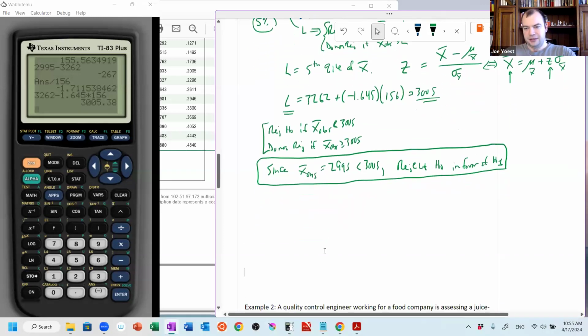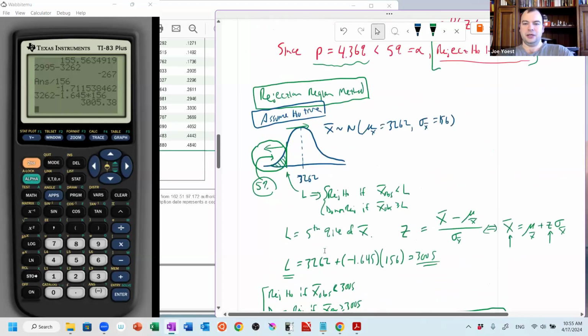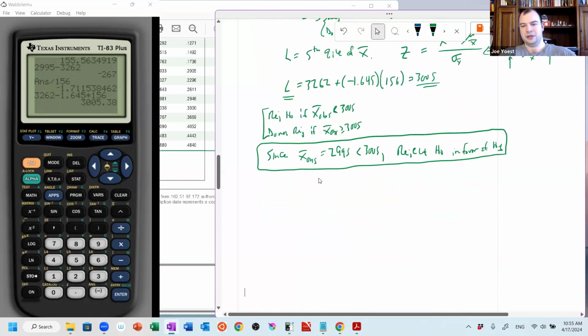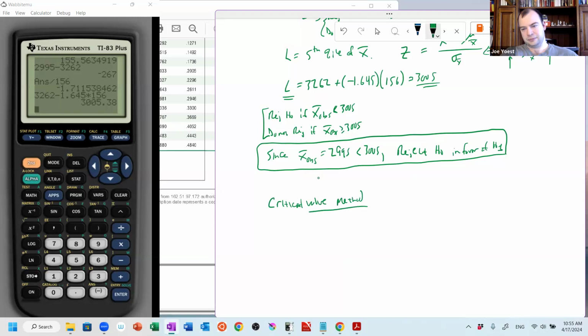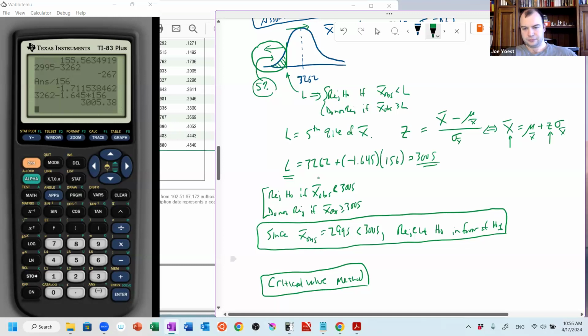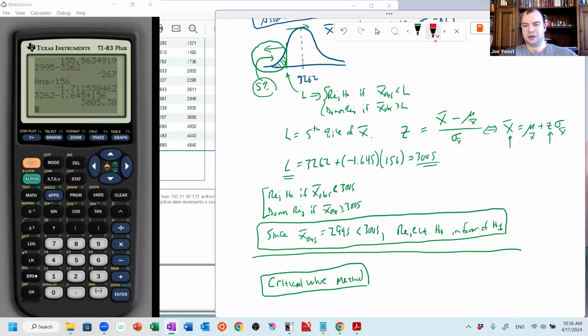Now we have a third method that's closely related to the rejection region method, and it's called the critical value method. So one thing I might realize up here is my X bar observed is like $29.95, right? It has a unit associated with it.